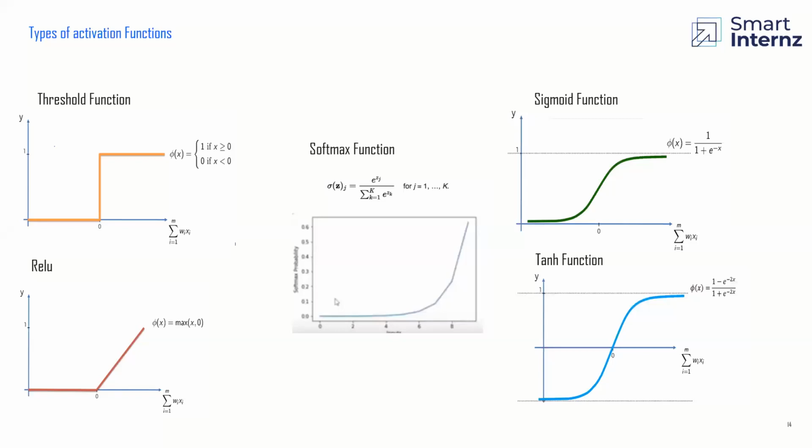So there are linear activation functions and non-linear activation functions. Currently we are talking about non-linear activation functions. In that, we have ELU, GELU, and Leaky ReLU. The sigmoid function takes a probabilistic approach, and the output ranges between 0 and 1. It normalizes the output of each neuron.